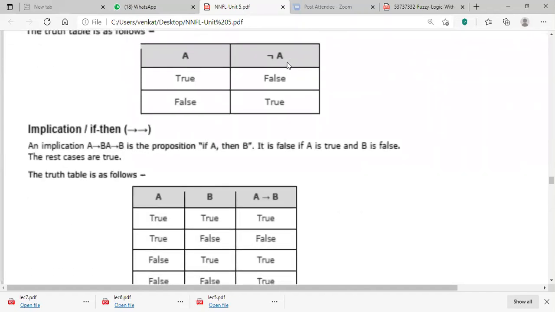Next, implication or if then. The implication usually is indicated with a one side arrow. Is the proposition if A then B. It is false if A is true and B is false. The rest of the cases are true.